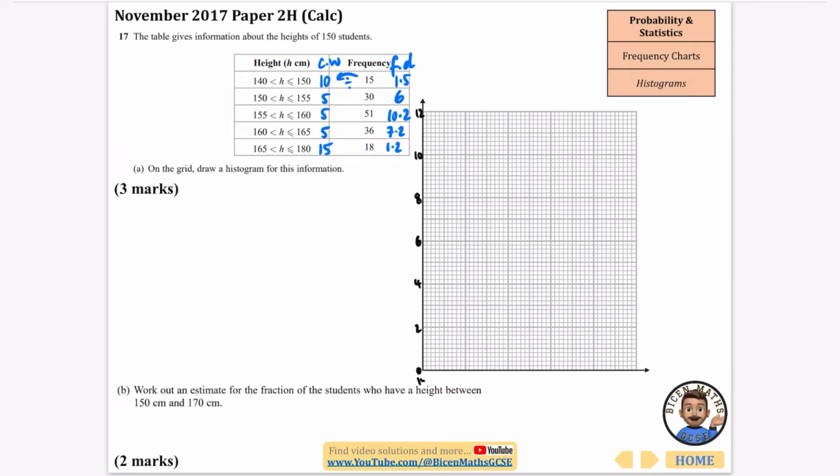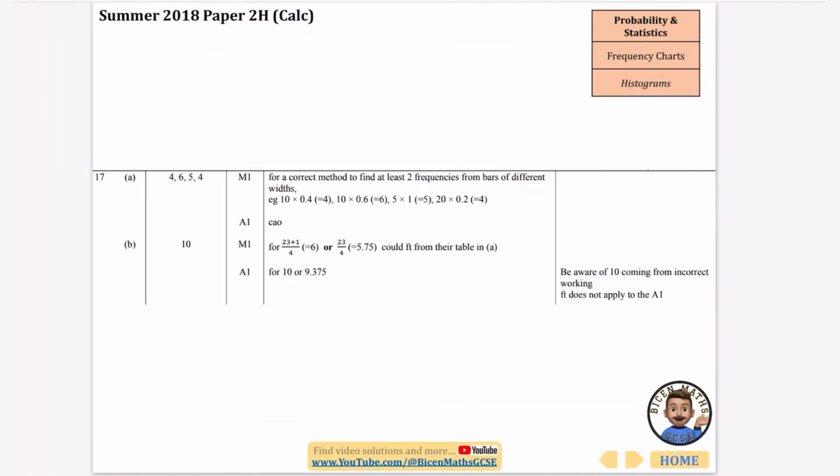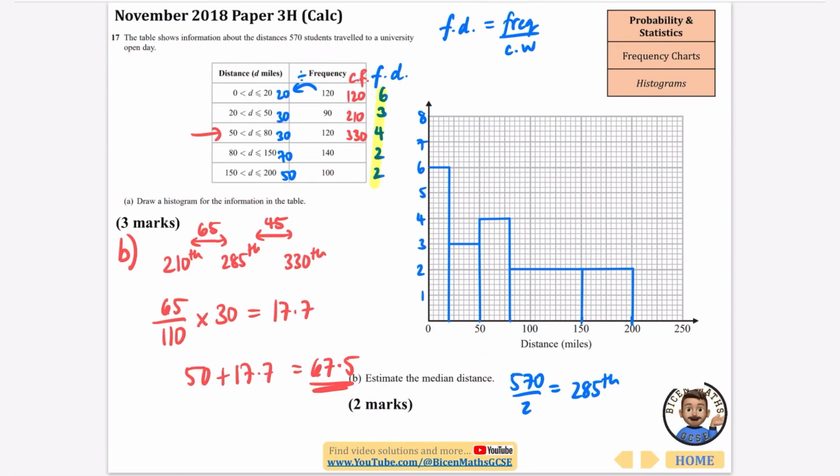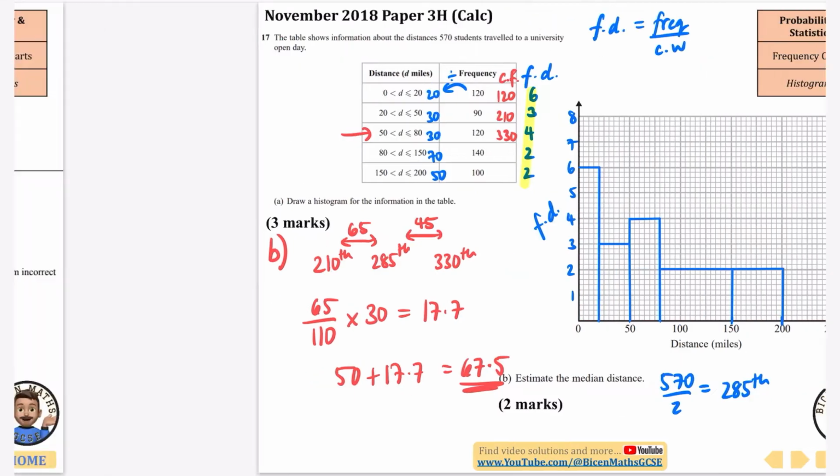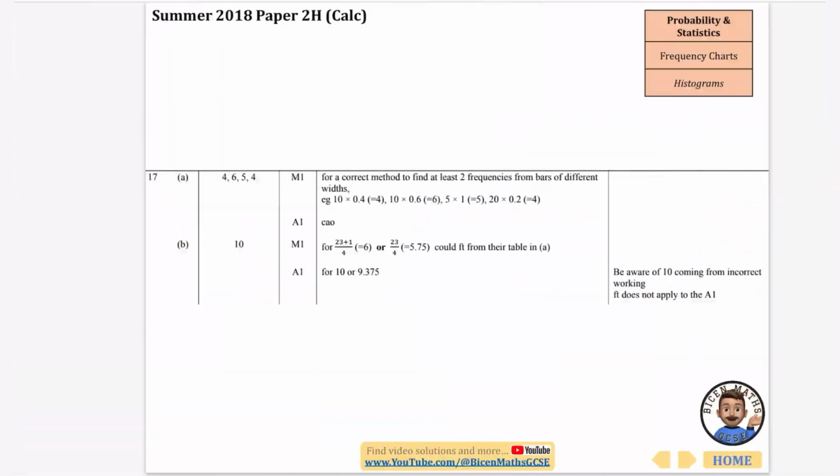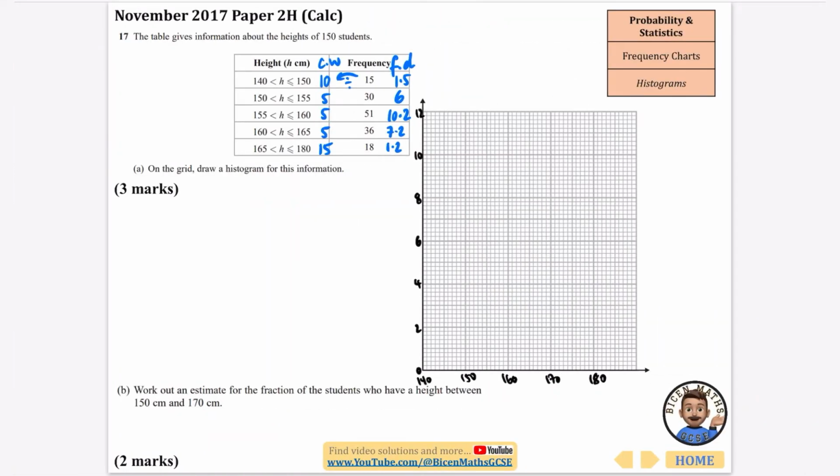And we should probably label these. I didn't actually label it here, so I'm just going to say this is the frequency density. And along the bottom we're just going to say it is the height, and that is h.